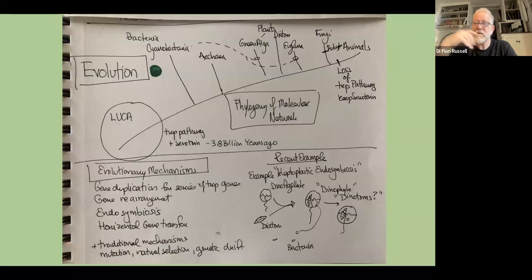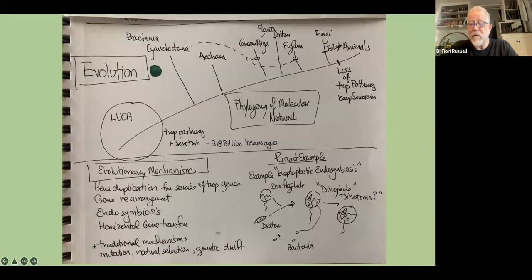Usually it goes that direction, sometimes the other way. So there are mechanisms for gene transfer across different species, in fact, often across different kingdoms, because of these endosymbiotic events, or with bacteria, that's just how they take up genetic information from the environment. And then of course the traditional mechanisms like mutation, natural selection, and genetic drift all play a role.